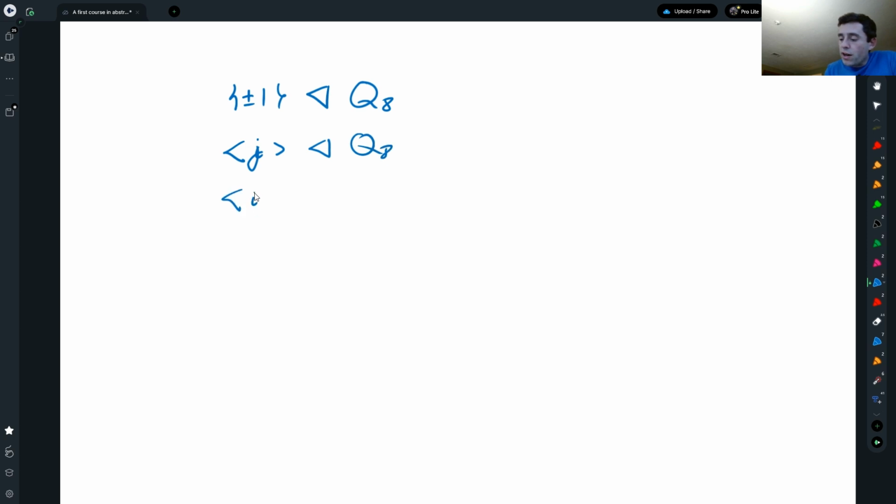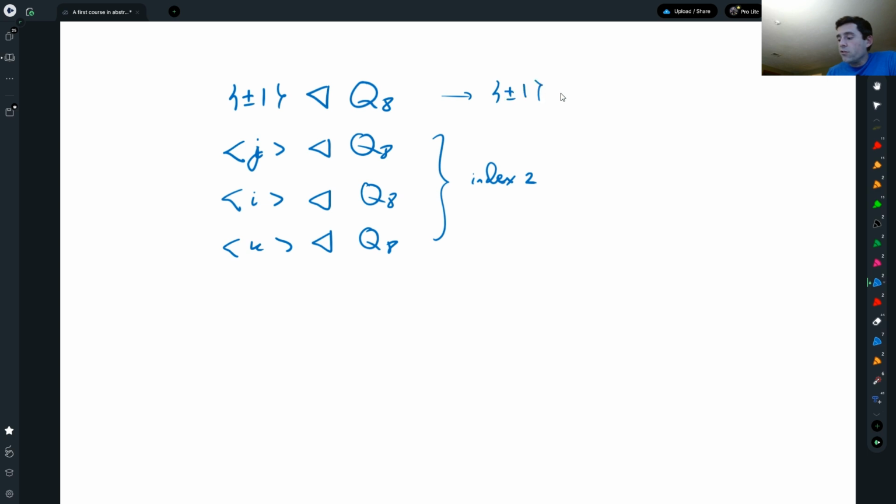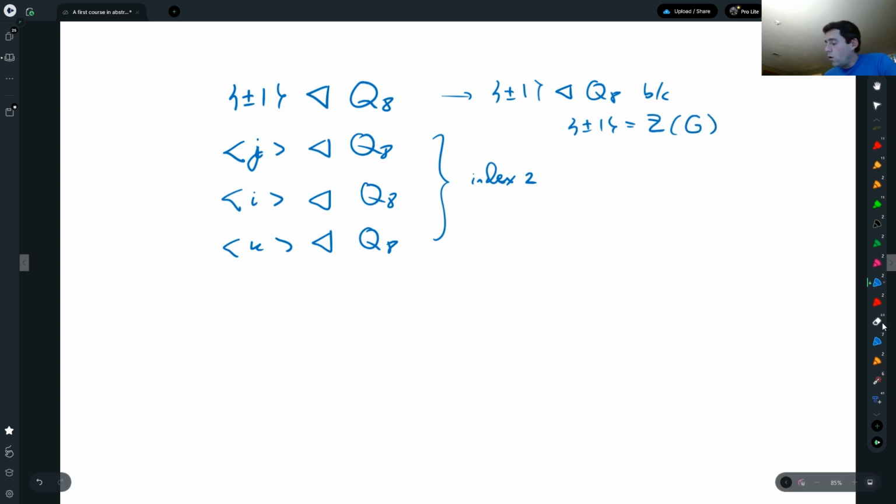But the subgroup generated by i, or the subgroup generated by k, those are also normal in Q8 because these are also of index 2. Okay. This was normal, in fact, because plus or minus 1 is the center in Q8, and the center actually is also always normal.